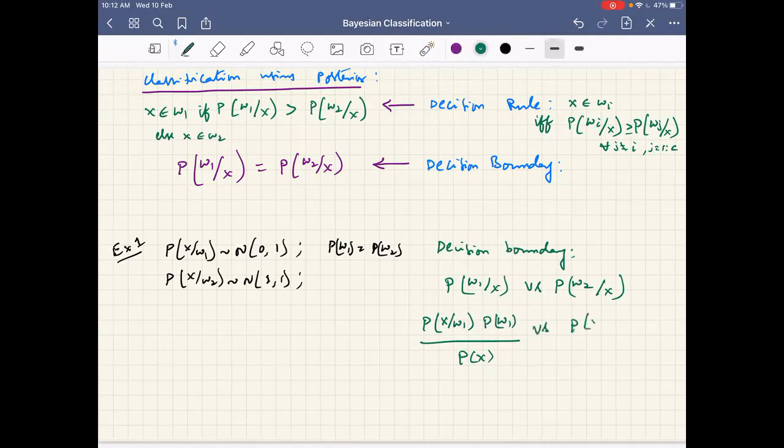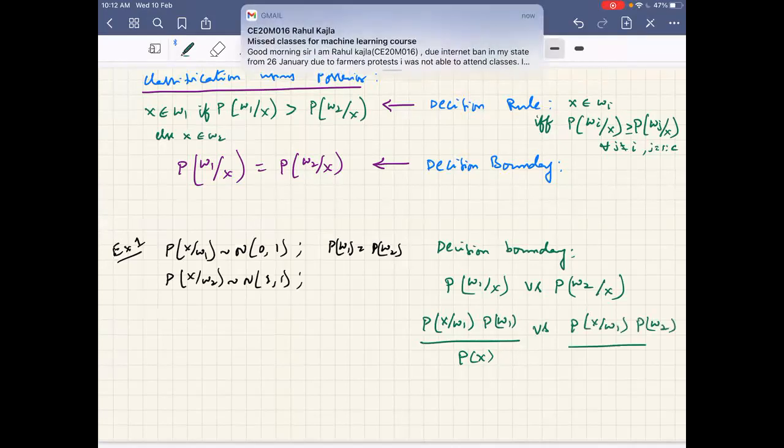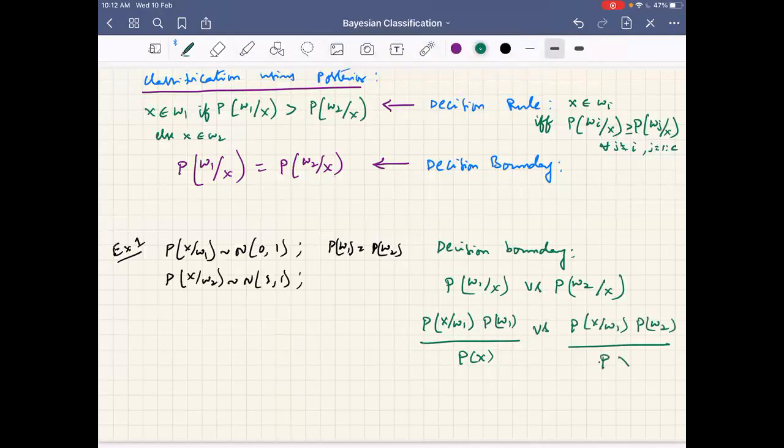Versus p of x given omega 2 and p of omega 2, each divided by p of x. Is this correct, what I'm writing? Okay, so this is what I have to compare. Now in this, which terms are the same between these two in the comparison? p of x will be the same, because p of x is the normalization term based on all classes, likelihoods and priors.